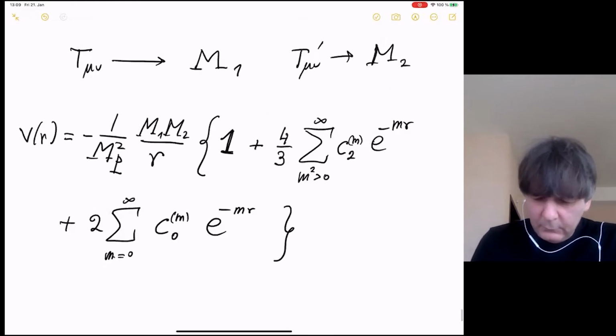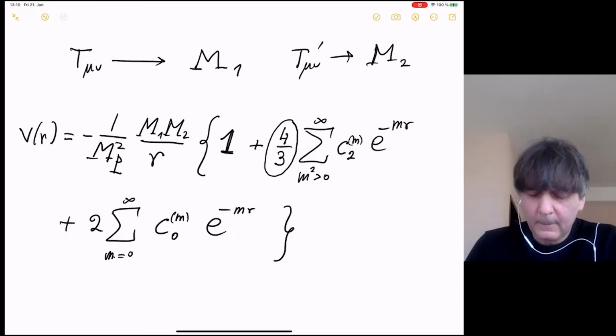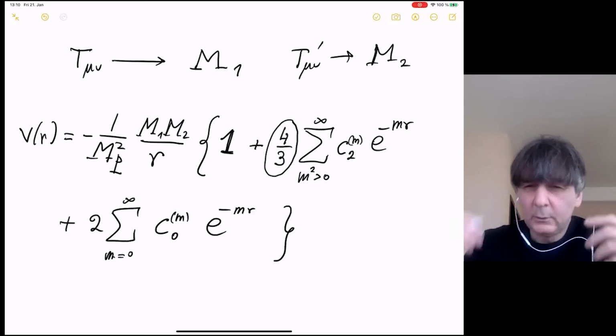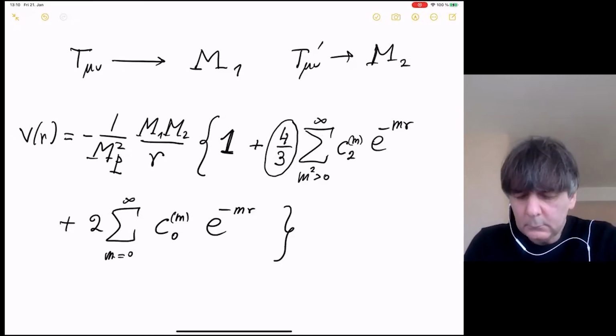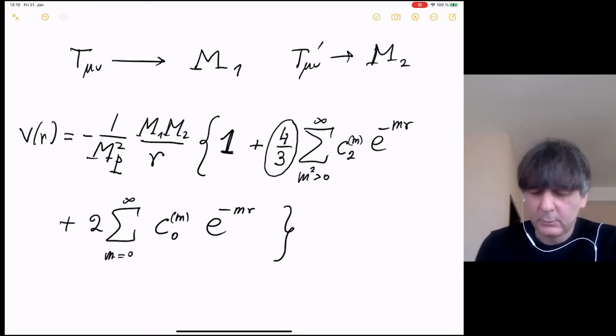Now this factor of 4/3 was the source of precisely this van Dam-Veltman-Zakharov discontinuity when they pointed this out. I mentioned this yesterday. Now the thing is that if we only had Newtonian measurements, you could rescale the factor of 4/3 in the definition of Newton's constant, as you can see from here.